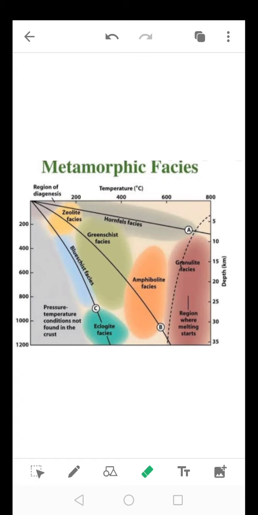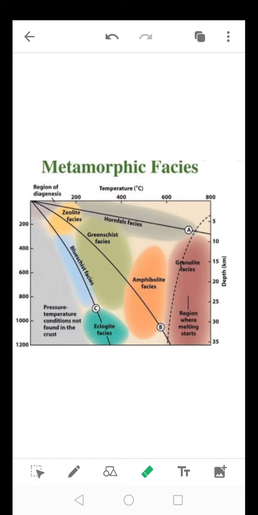Before we can talk much about these things, we have to understand what the term metamorphic facies is.